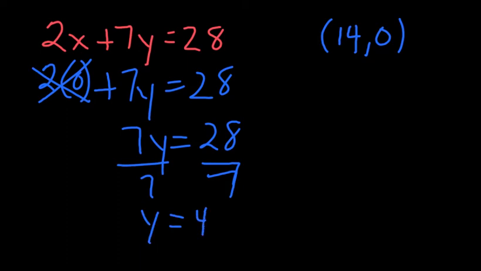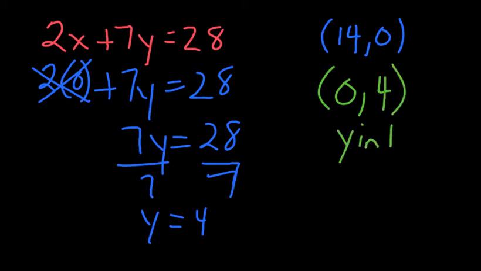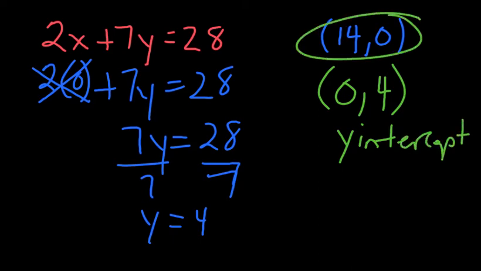Okay, remember we used 0 for x and we found 4 for y, so that would be the point 0, 4. That is the y-intercept. So now we have the x-intercept and the y-intercept. All we have to do is graph it.